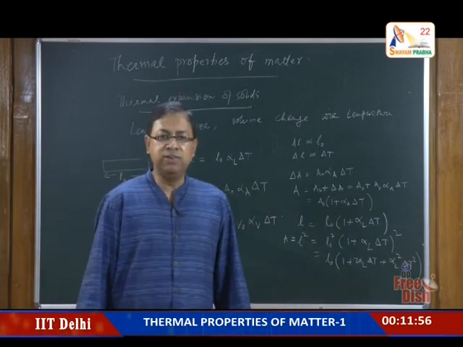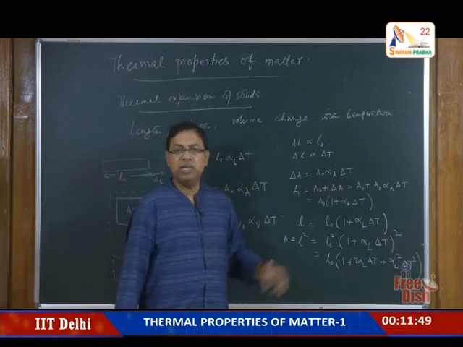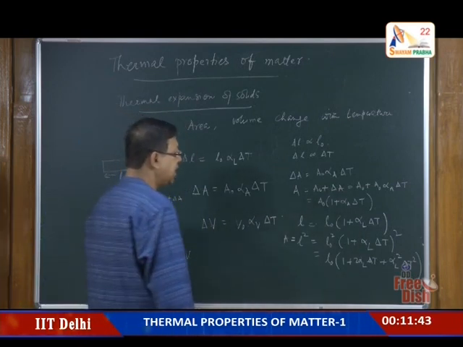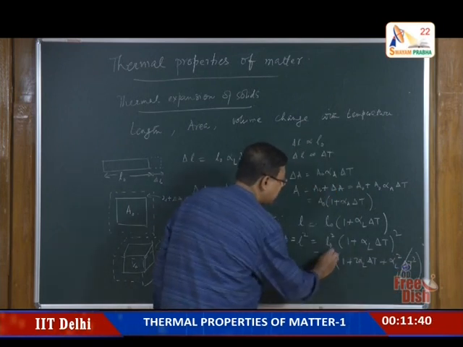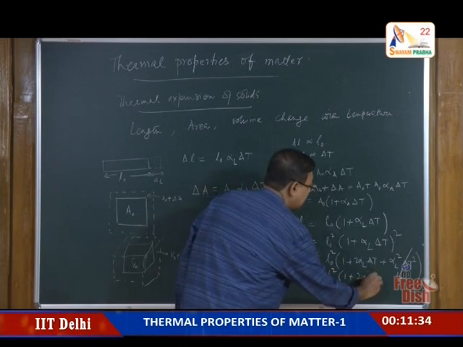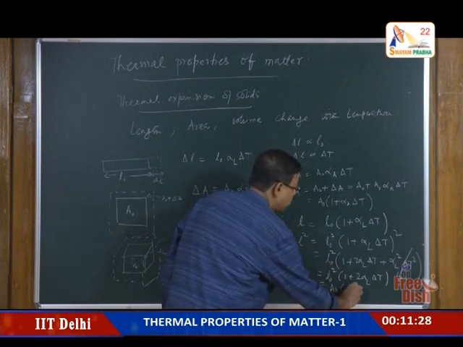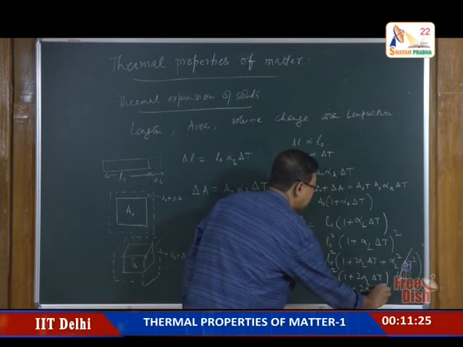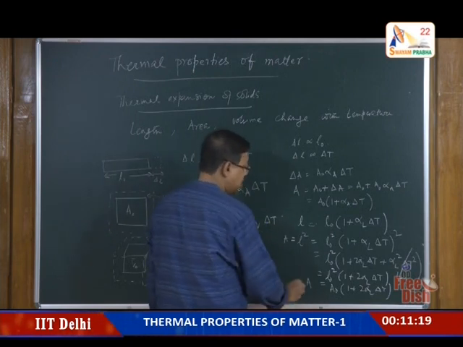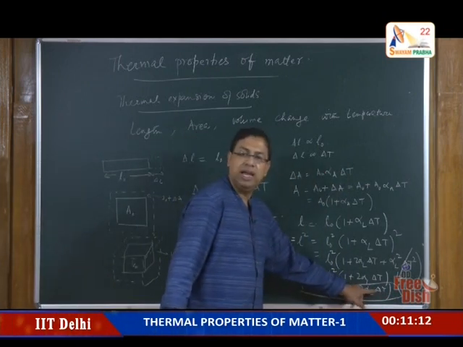If I commit myself to small changes in temperature, so if delta T is not very large, then delta T squared will be even smaller, in which case I can neglect the last term and I'll have L0 squared times 1 plus 2 alpha L delta T. Writing L0 squared as nothing but A0, I'll have A0 times 1 plus 2 alpha L delta T. So, writing A as L squared, I have this relation: A equals A0 into 1 plus 2 alpha L delta T.